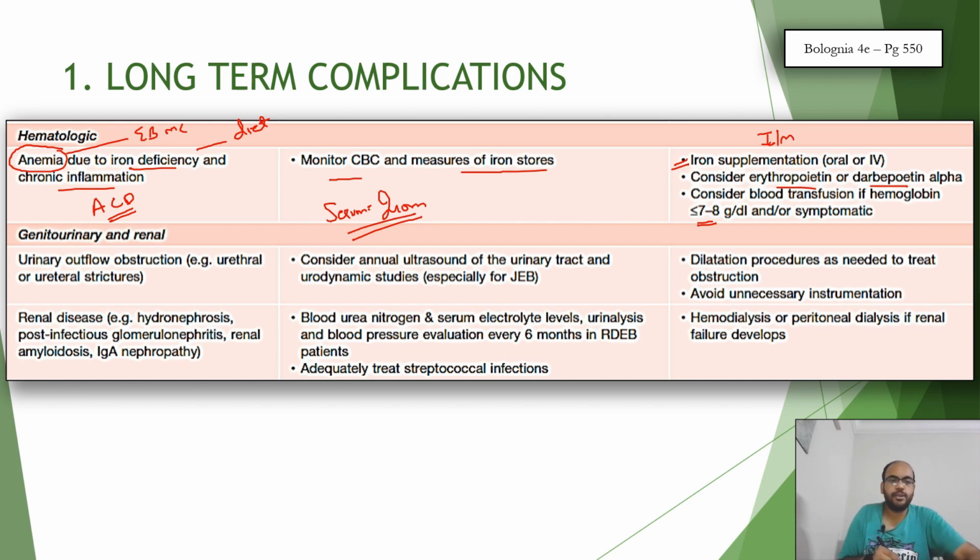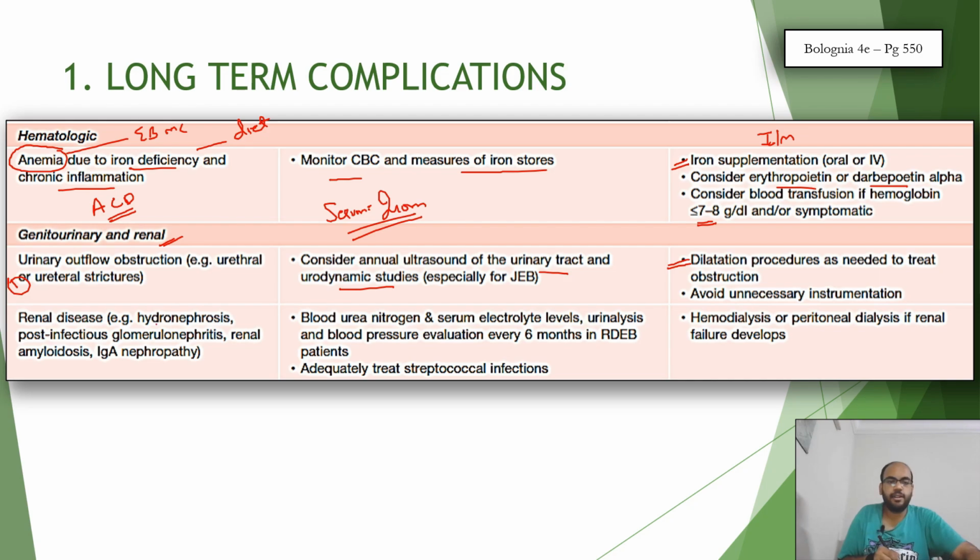In genitourinary and renal issues, the first is urinary flow obstruction. Again, the stricture is causing an issue here. Consider annual ultrasound of the urinary tract to see if there's any kind of stricture. You can do urodynamic studies to look at uroflowmetry, or the flow of the urine, to find out strictures in the urethra, and dilation procedures can be done.